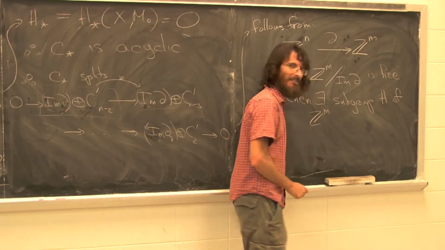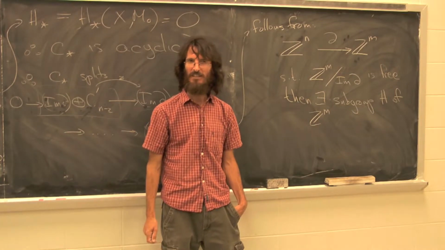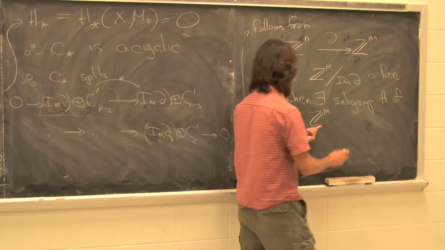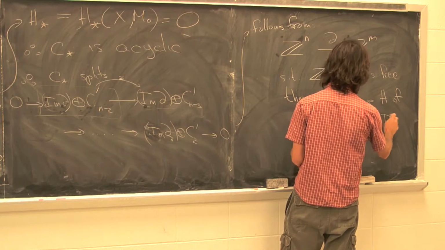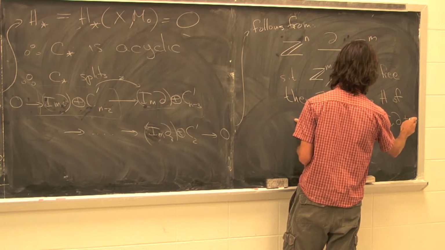Free is free, so any subgroup of a free abelian group is free. Okay, but such that Z^M equals the image of the boundary map plus H.